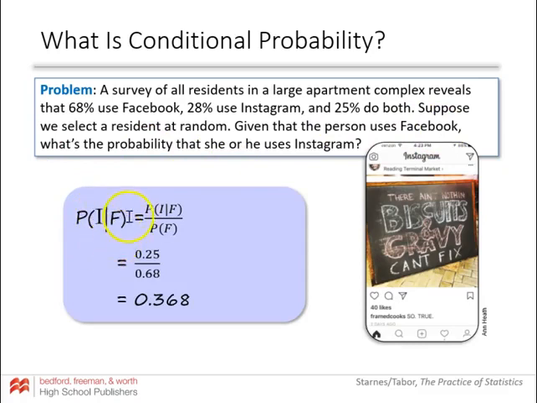That's going to be the probability of Instagram and Facebook divided by the probability of just Facebook. The 25% that do both is our probability of Instagram and Facebook. Then we divide that by the probability of using Facebook, and that gives us the probability that a person uses Instagram given that they use Facebook.